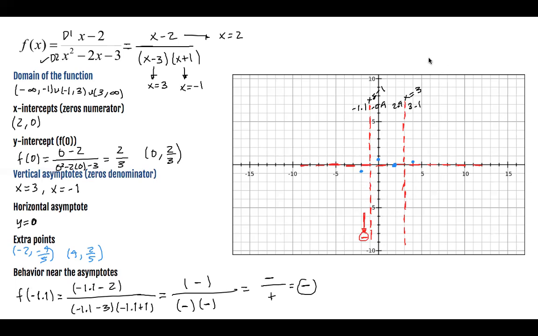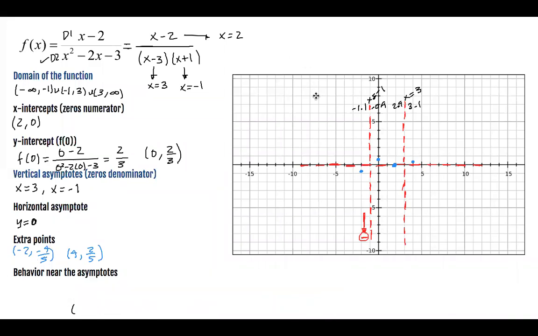Now let's find the behavior of the other point. I'm going to get rid of this, and find f of -0.9.